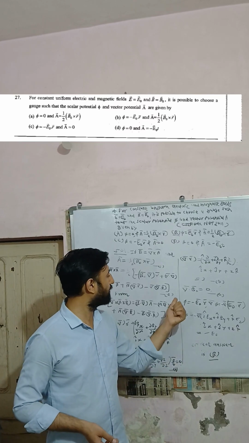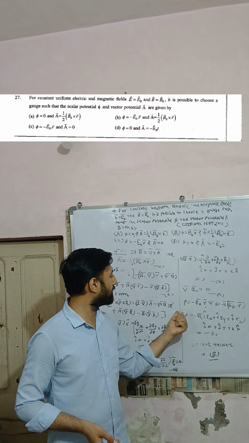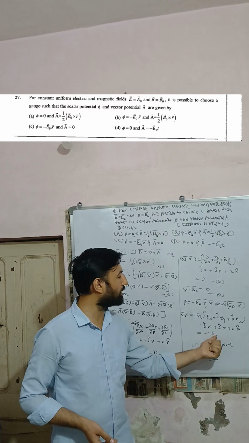It means the value of del phi is equal to minus E0.